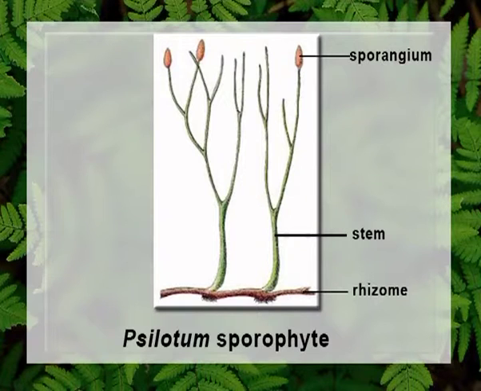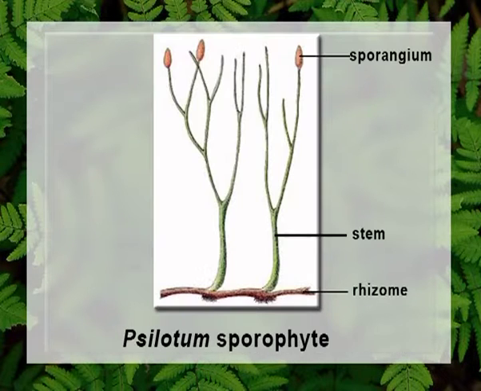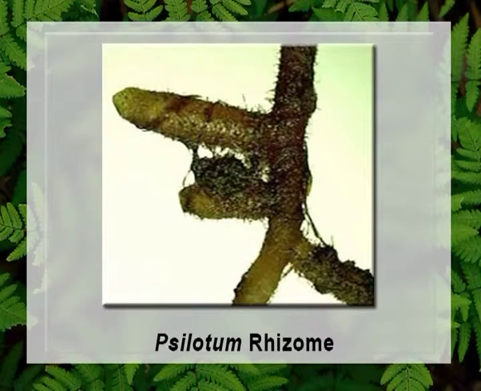The sporophyte consists of a horizontal rhizome that gives rise to aerial, photosynthetic, generally dichotomously branching stems. All the Psilophytes are homosporous, that is, they produce the same type of spores. They lack true roots, only absorptive rhizoids arise from the rhizome.